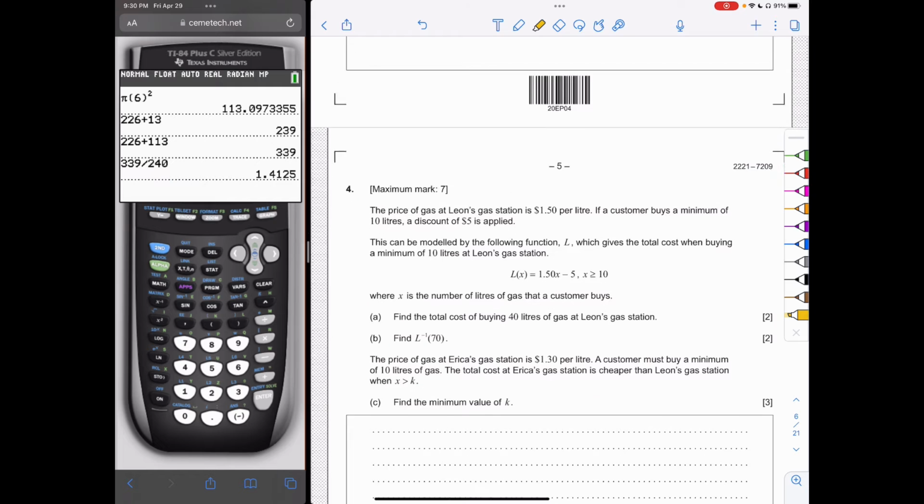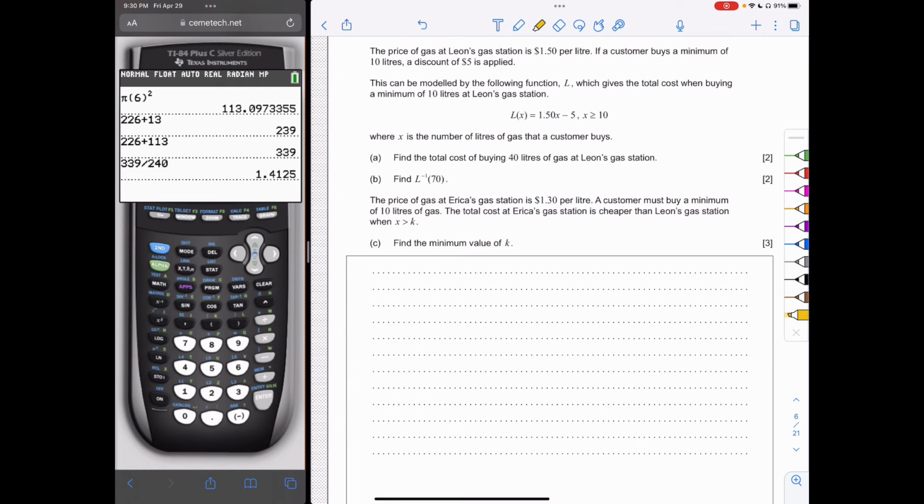So let's look at number 4. Number 4 says that the price of gas at Leon's gas station is $1.50 per liter. If a customer buys a minimum of 10 liters, a discount of $5 is applied. This can be modeled by the following function, L, which gives the total cost when buying a minimum of 10 liters at Leon's gas station.